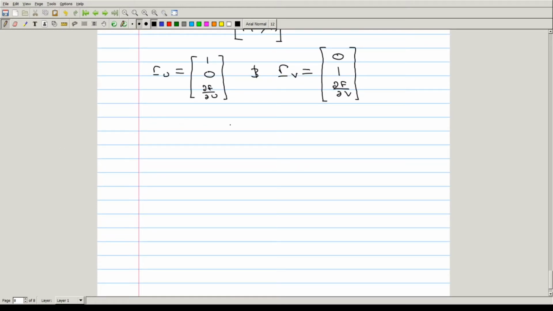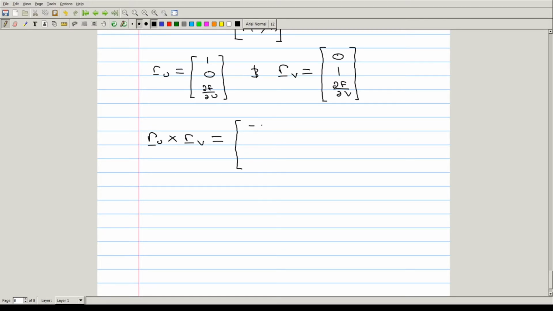So that means the normal vector to our surface is going to be the cross product of r u with r v. Or I shouldn't say the normal vector because it's not a unit vector in general. So we'll just go through and calculate this cross product, which will be perpendicular to the surface, not necessarily of unit length. And because it's the cross product of this vector right here and this vector right here, the actual value of the cross product vector is going to be 0 times this minus df du times 1.